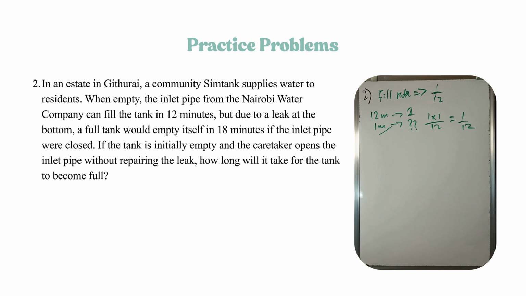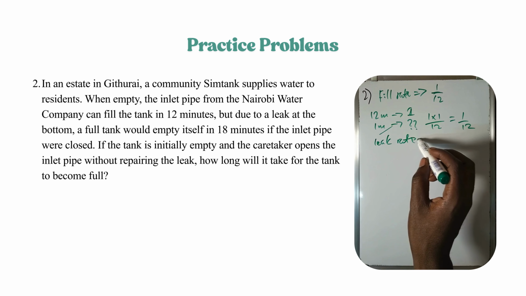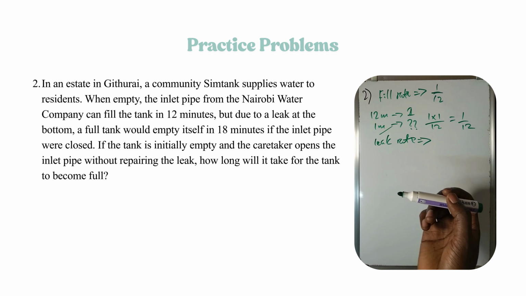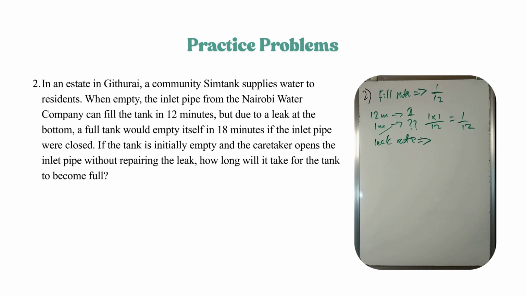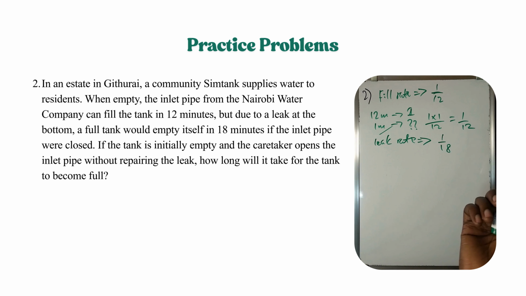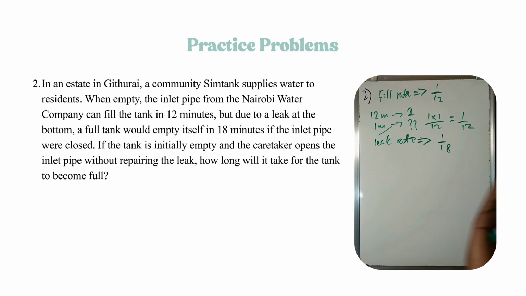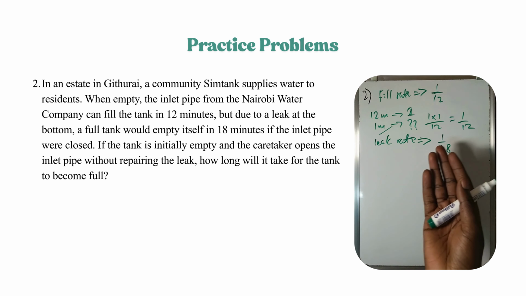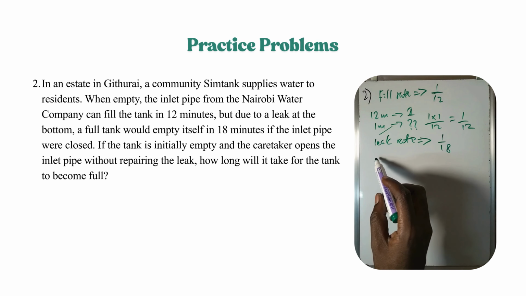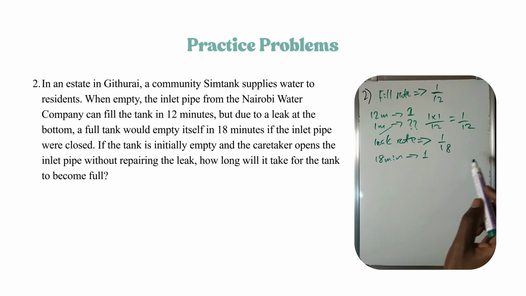Now, we have a leak rate. It empties itself in 18 minutes. So our leak rate will be 1 over 18. And where do we get 1 over 18? 18 minutes represent 1, that's the whole tank.